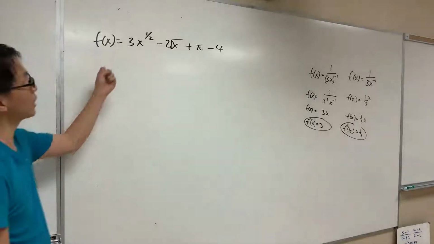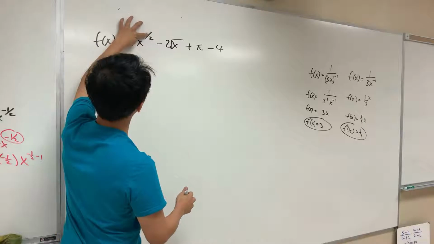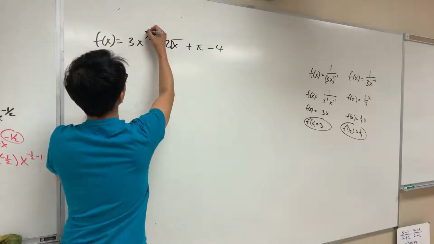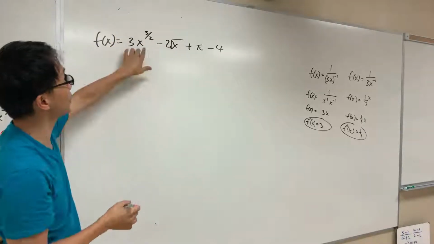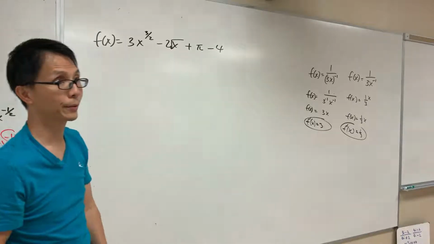Well, actually, sorry, let me give it 3 over 2. I was missing 3 over 2. Okay, so let's take a derivative of this, and this, and this, and this.